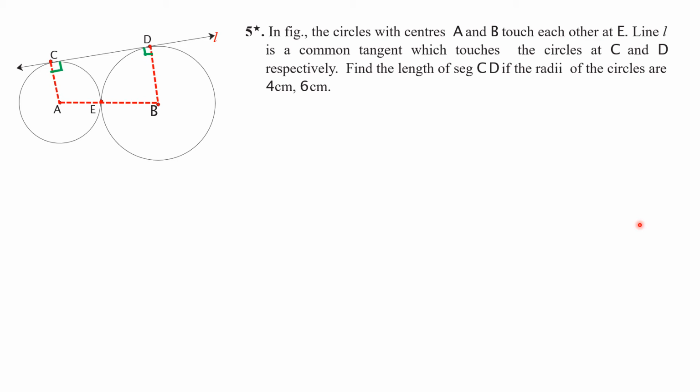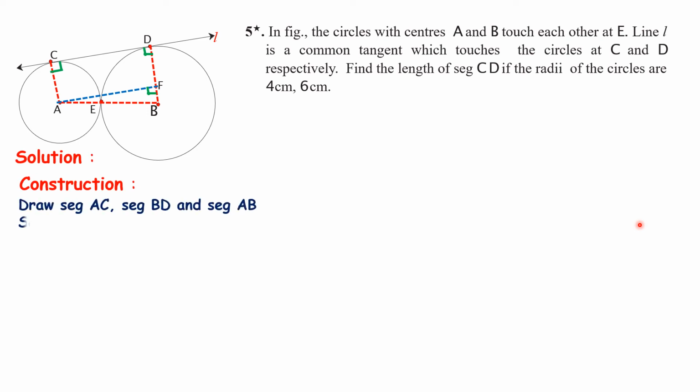Here we draw segments AC, BD and AB and draw AF perpendicular to BD. Write down the construction: draw segments AC, BD and AB and AF perpendicular to BD, with F on BD.